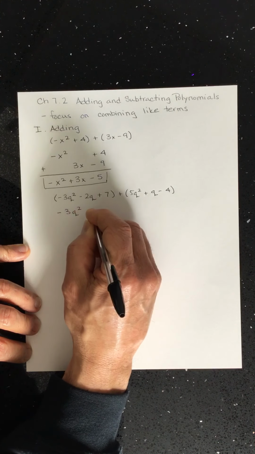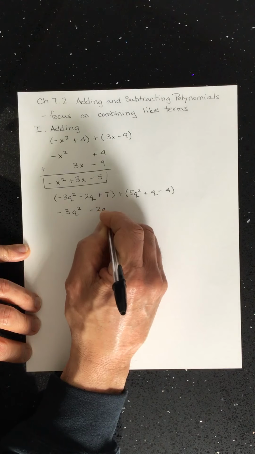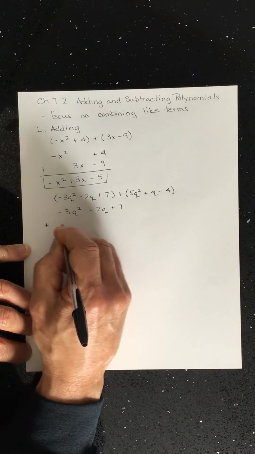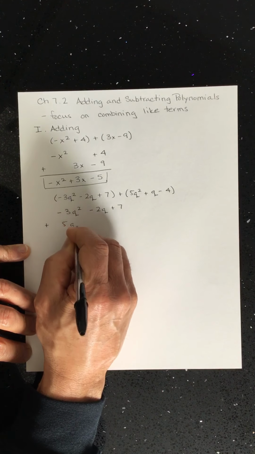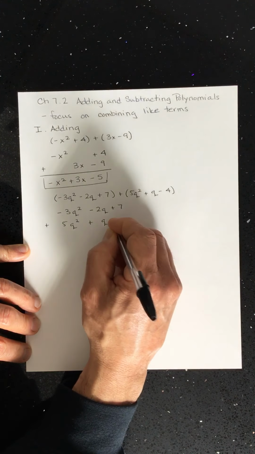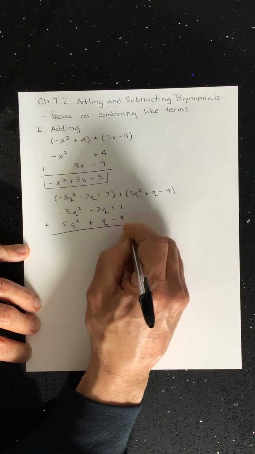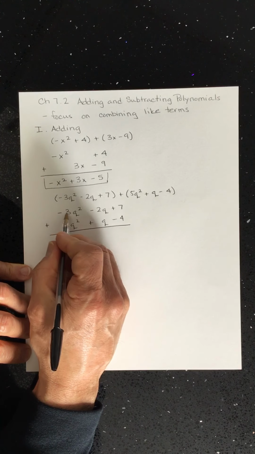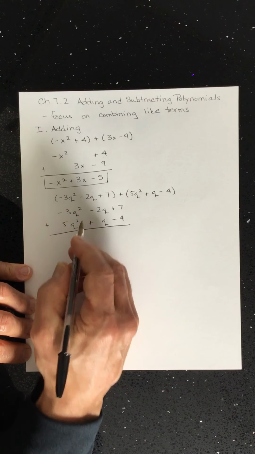Negative 3q squared minus 2q plus 7 plus 5q squared plus q minus 4. And so we do negative 3q squared plus 5q squared.